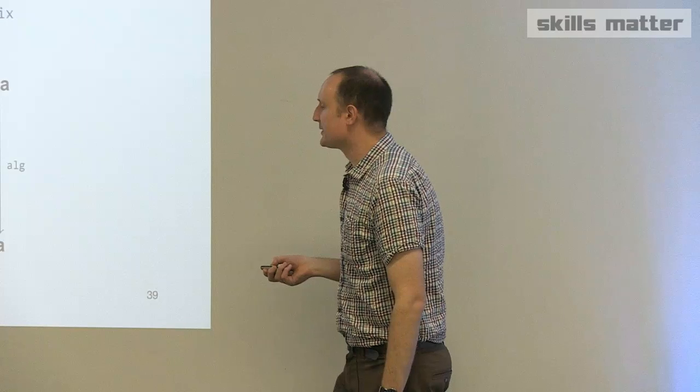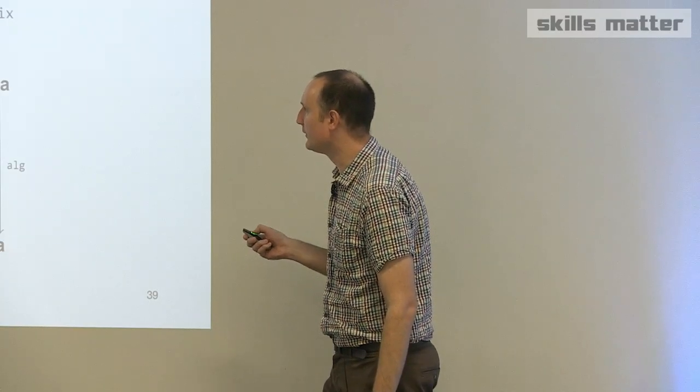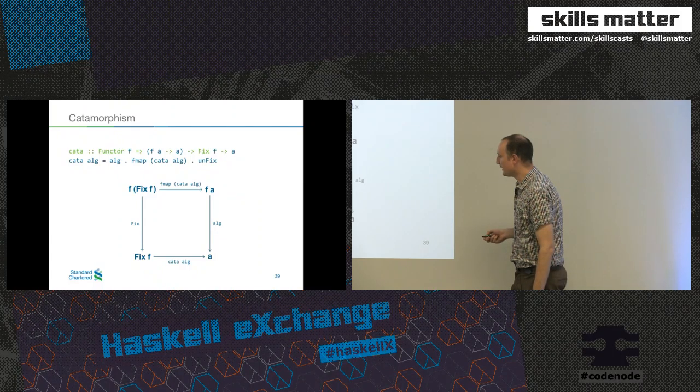I quite like this, that you can read off the definition of the catamorphism. So if you imagine you've got your fixed functor f, and you fold to some value here, that's kata-alg. That's what takes you that way. But what's the definition of that?